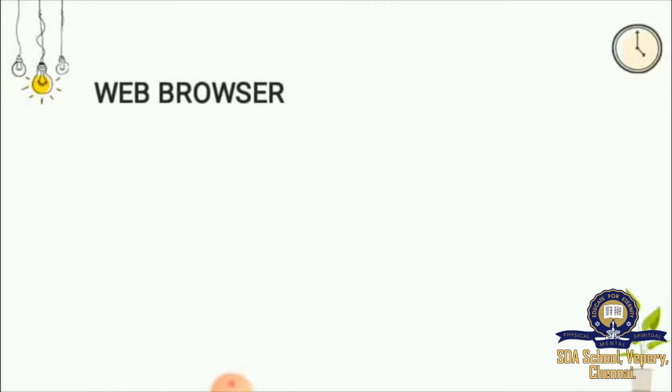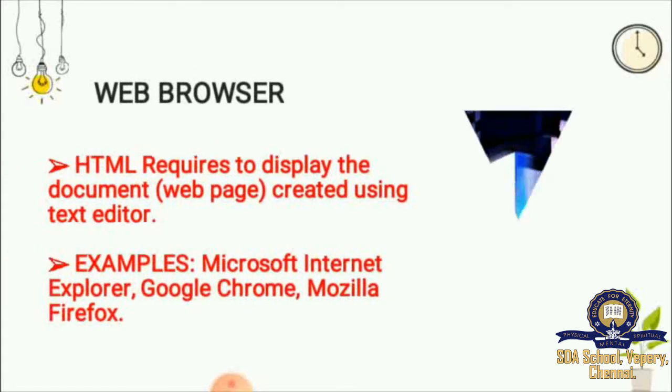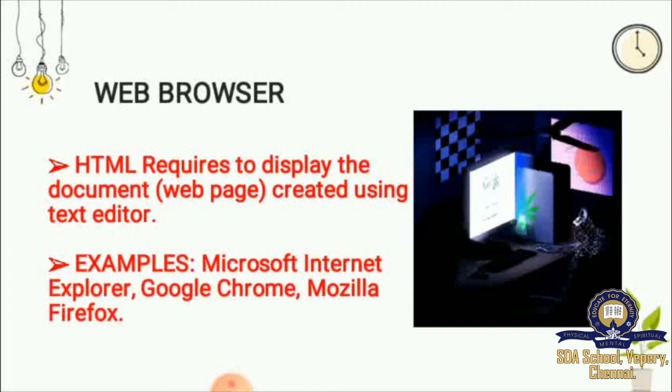Next, we are going to learn about the web browser. HTML requires a browser to display the document, that is the web page, created using a text editor. A web browser, commonly referred to as a browser, is a software application for accessing information on the World Wide Web.